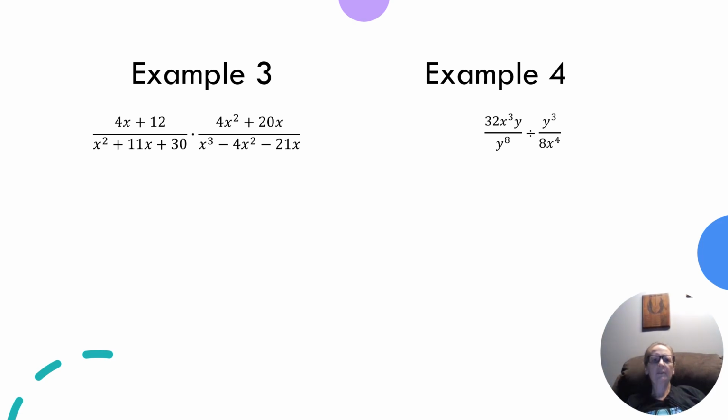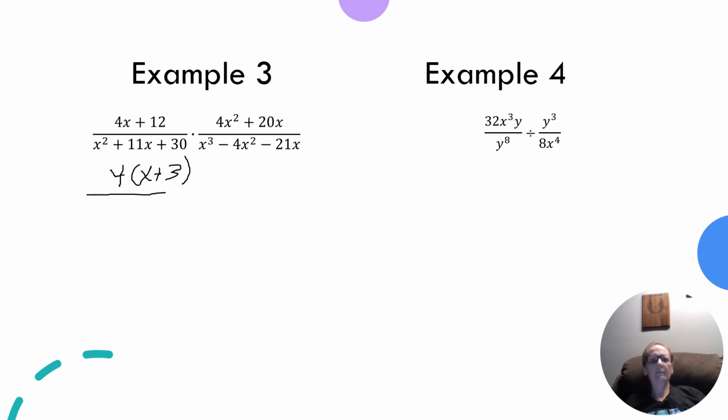All right, let's move on to example 3, another multiplication problem, but we're going to have to do some factoring here. I'm going to do most of the factoring here, but there might be some things I write off to the side just to show you what I'm doing. In the numerator, in this first fraction, the common factor is a 4. So I'm going to pull out a 4, and I'm left with x plus 3.